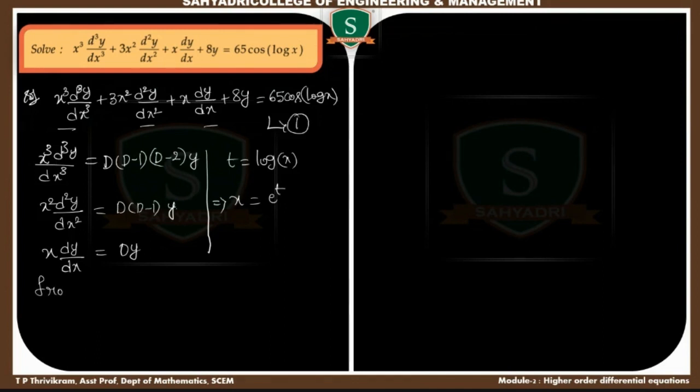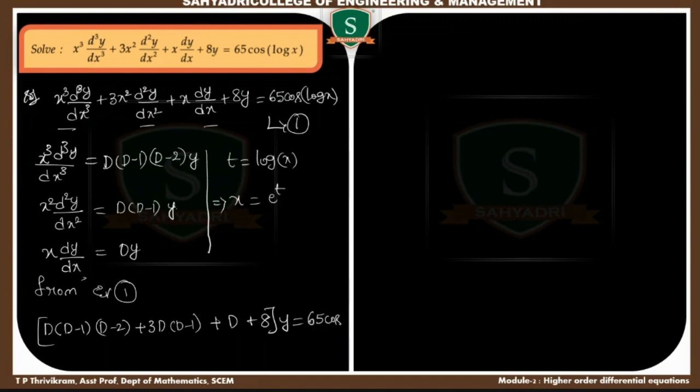From equation 1, d into d minus 1 into d minus 2, plus 3 into d into d minus 1, plus d plus 8, into y is equal to 65 cos log x, which can be written in terms of t as 65 cos t.